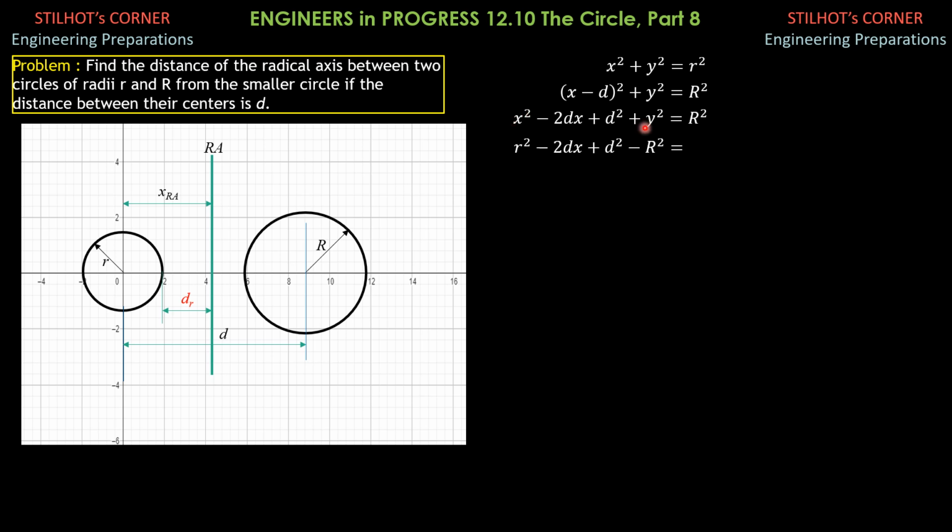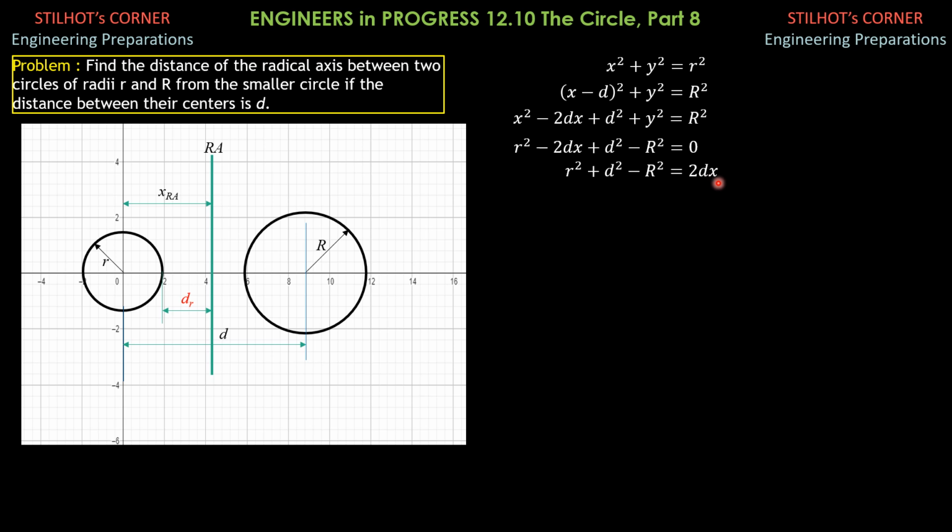Again, x squared plus y squared is small r squared. Then we just copy negative 2dx, and let's transpose big R squared to the left, so minus big R squared equals 0. So rearranging, we write this as r squared plus d squared minus big R squared equals 2dx.